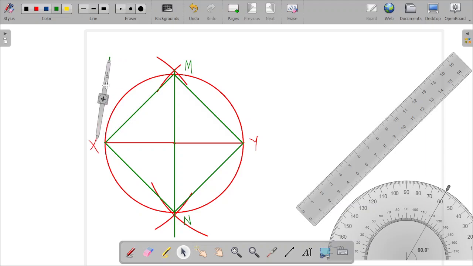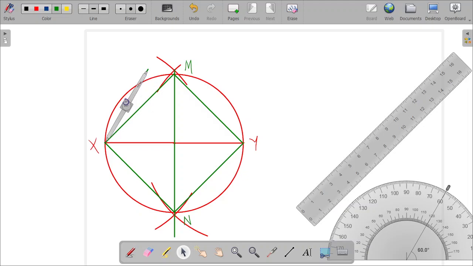So I'll put my compass point on point X like that. Then make sure the compass is open such that it's more than half of that line.